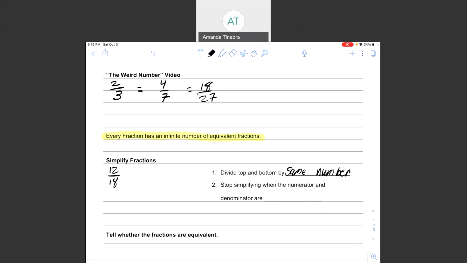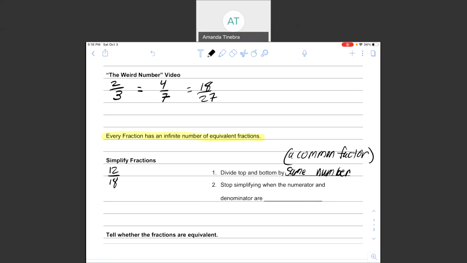This number needs to be a common factor. So I need to find a common factor for 12 and 18 that I can divide both of them by.